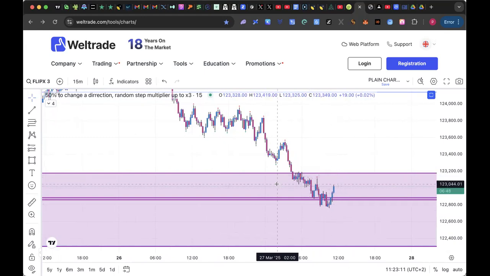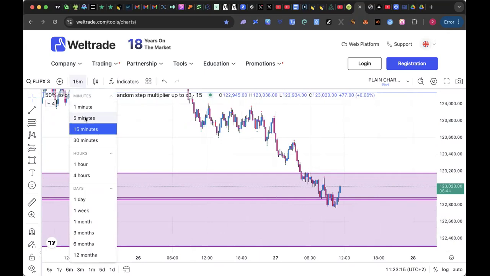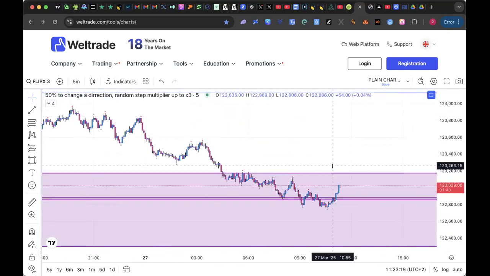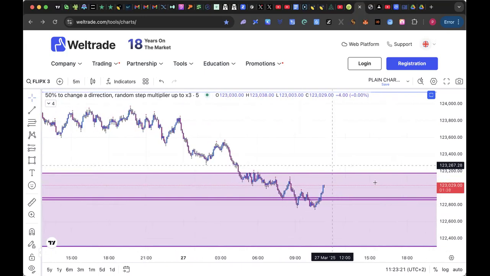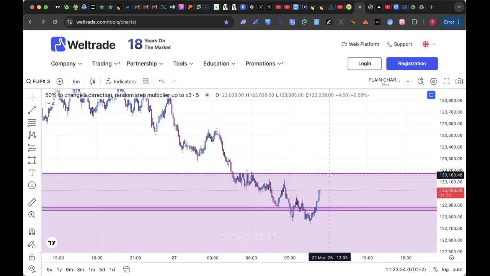But sniper entry traders go further down to like 5 minutes to see a market structure shift. So sniper entry traders have this high, this low, then another high, and this low. So this grabbed this liquidity.